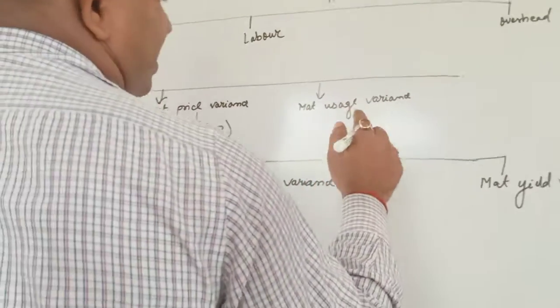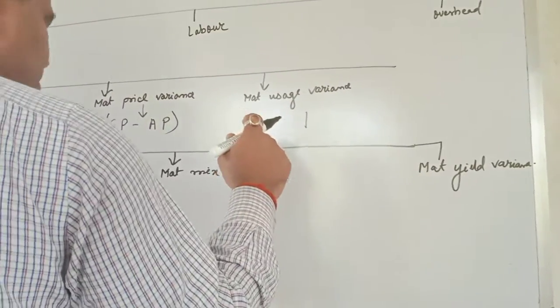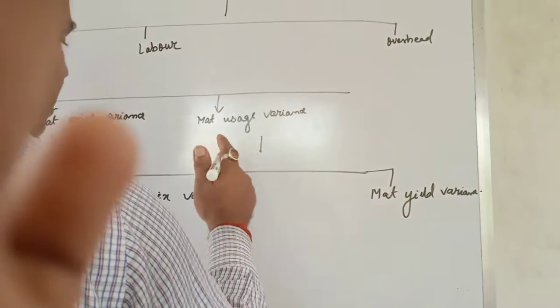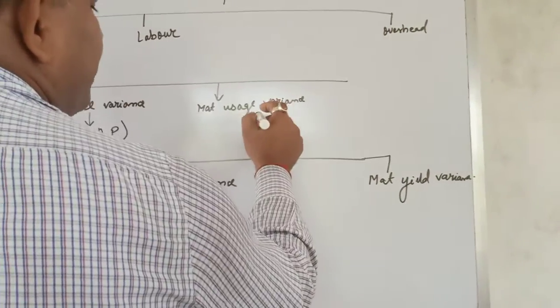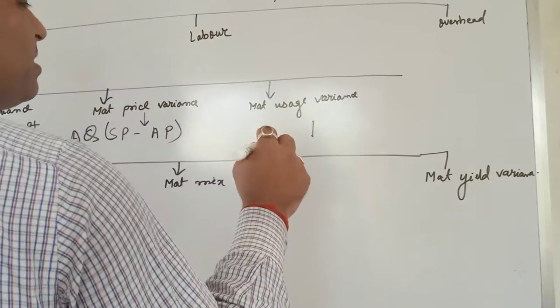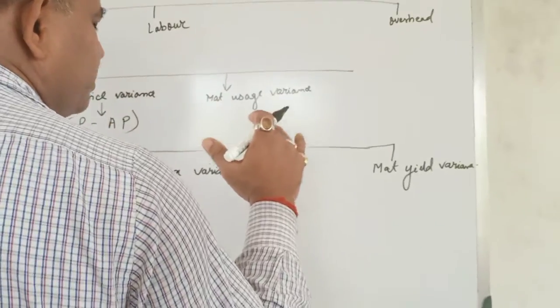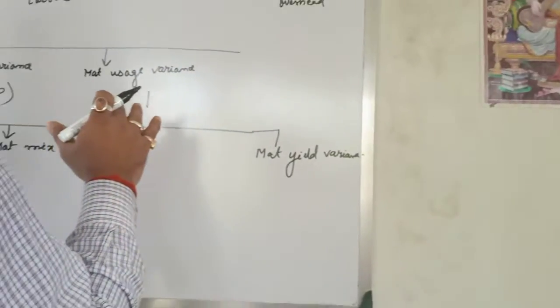Material usage variance. Usage means how much material we are using. The problem is that we are comparing with the actual, which means the base must be the same.